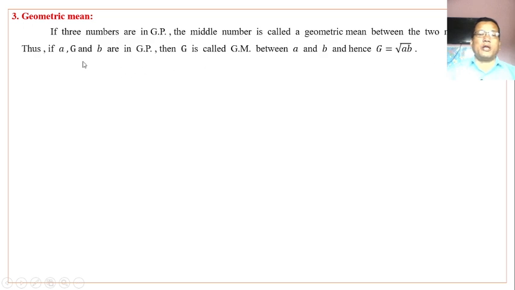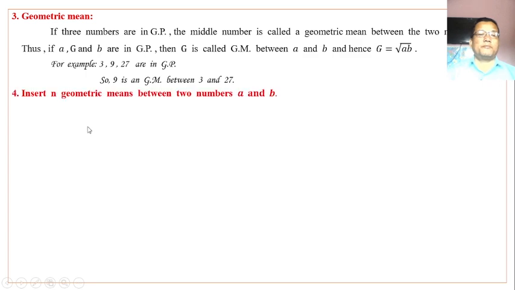For example, 3, 9, 27 are in GP. So 9 is a GM between 3 and 27.